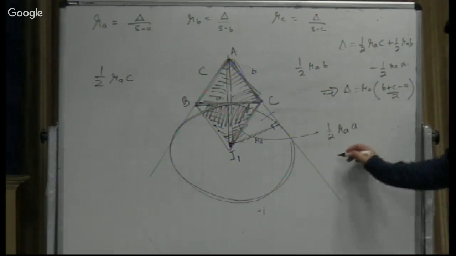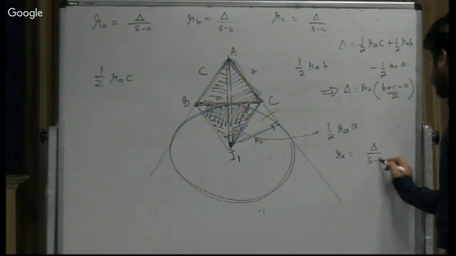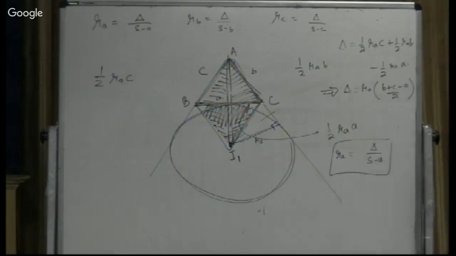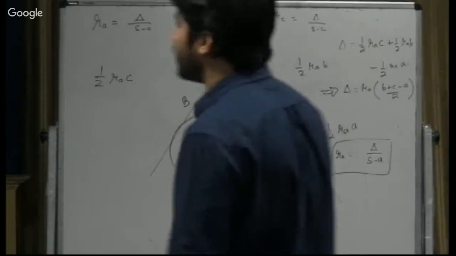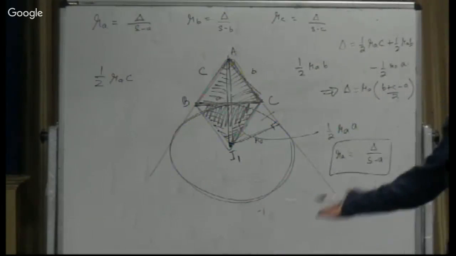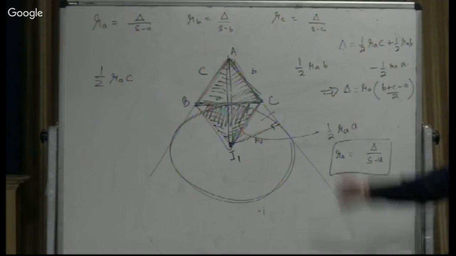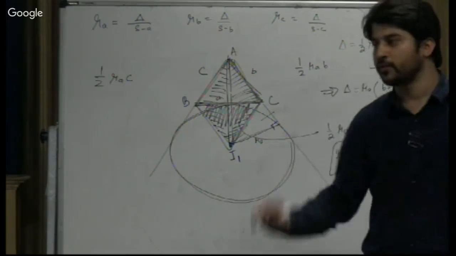So can I say RA is going to be delta by S minus A? And similarly, RB is going to be delta by S minus B, and RC is going to be delta by S minus C. Cyclic in nature. One proof done, all three are proved, right? Clear or not clear?